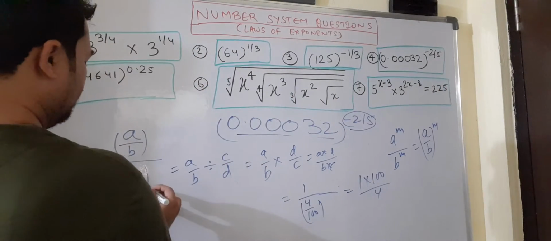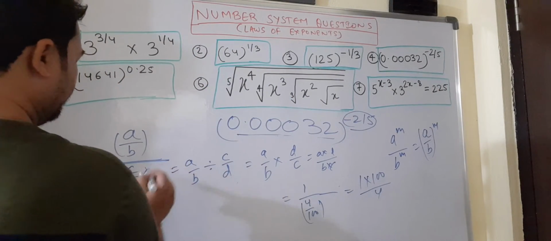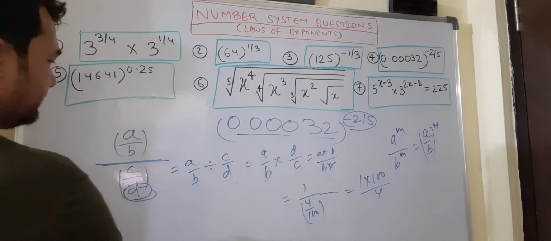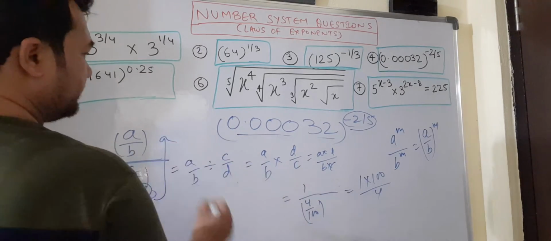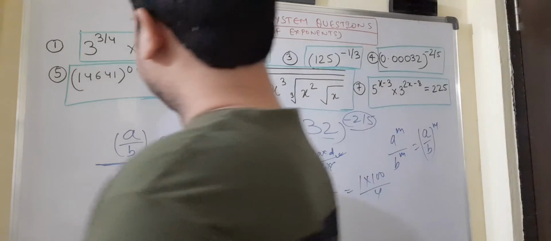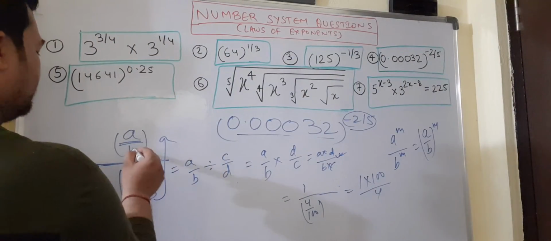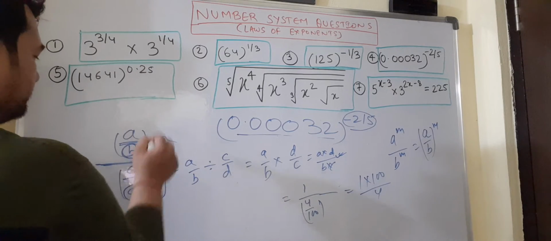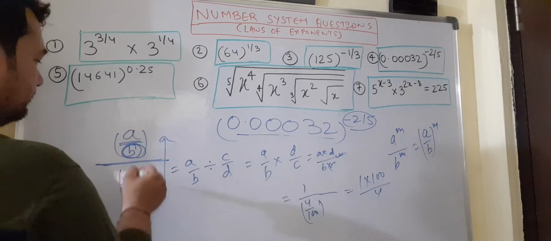The denominator of denominator, this is the denominator, and the denominator of denominator is d. D will go to the numerator side. D has gone to the numerator side. And the denominator of numerator, this part was numerator and this denominator was b, b will go down.